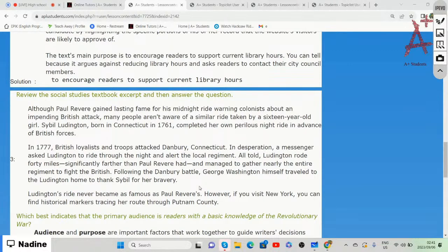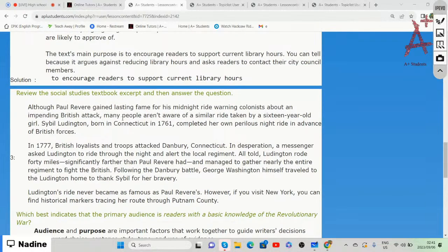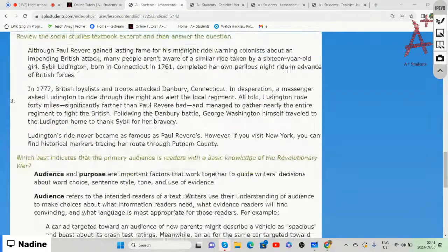But if you are not into anything to do with history, you're not thinking like a historian, then you will not find this appealing. And that is where audience and purpose comes in.